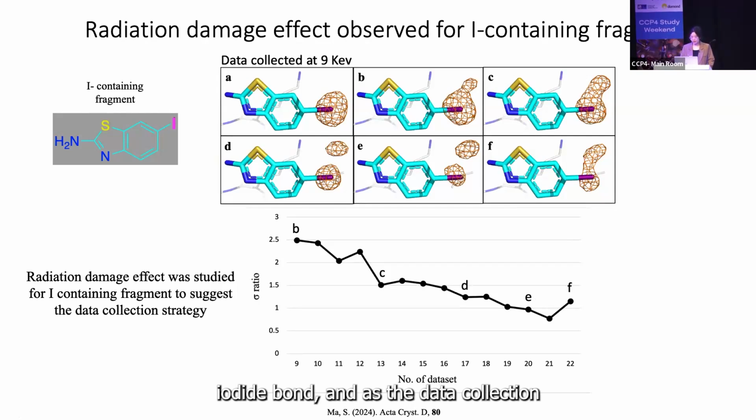And as the data collection proceeds, the fraction of cleaved carbon-iodide bond increases, as shown in the upper panel. The second anomalous peak becomes bigger along the data collection. So for iodide-containing fragments, 4.5 keV can give us sufficient anomalous scattering and mitigate the potential radiation damage.